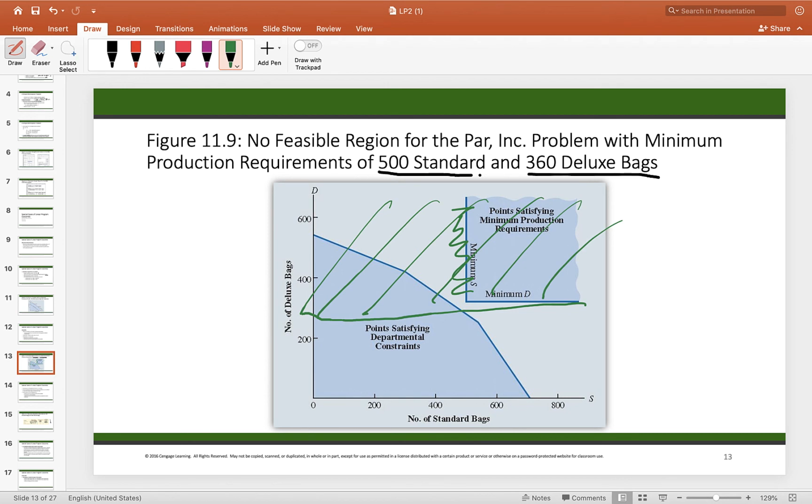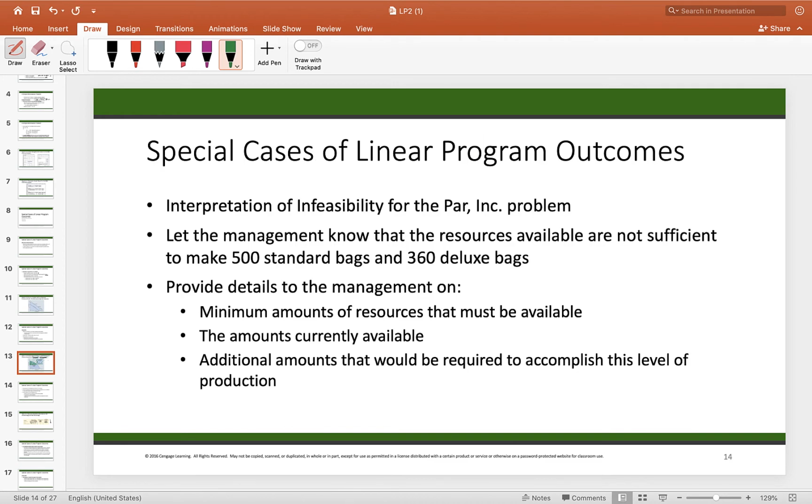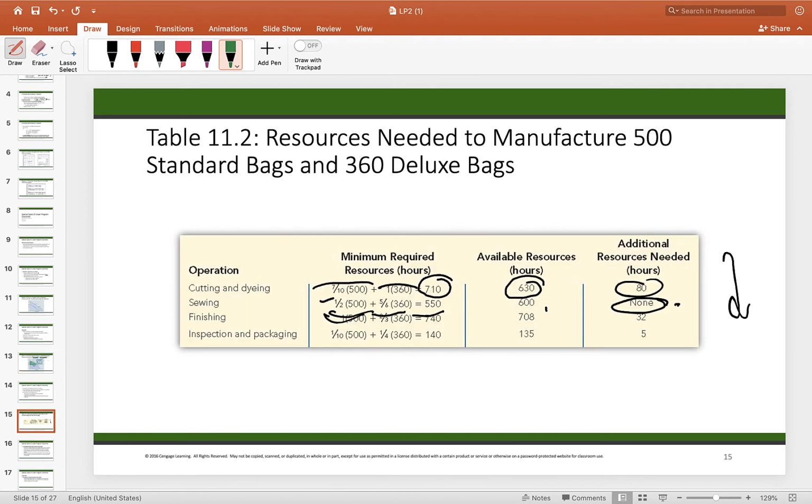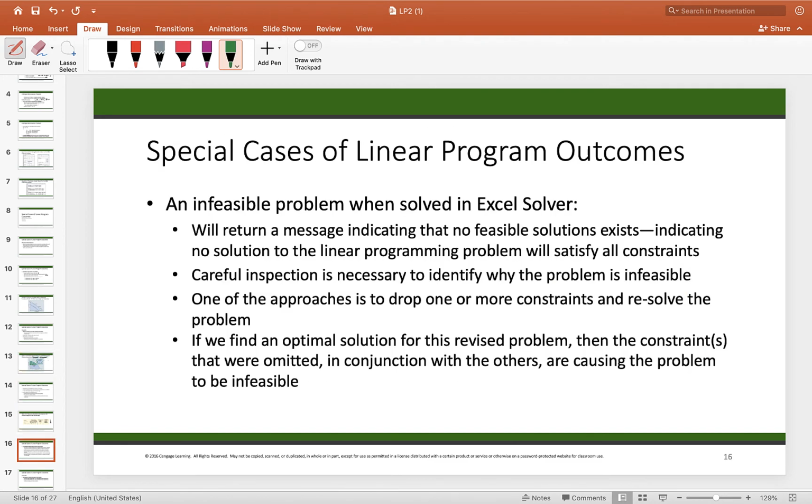And the overall feasible region is going to be this thing in here. So each of these constraints that we've got here and here, on their own don't cause a problem, but when you put them together, they do cause a problem. So that's what we have to keep an eye out for. We have to be very careful when we actually go through this stuff. But it's very interesting.